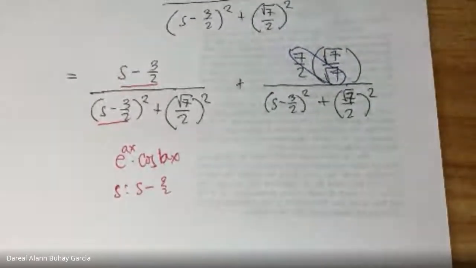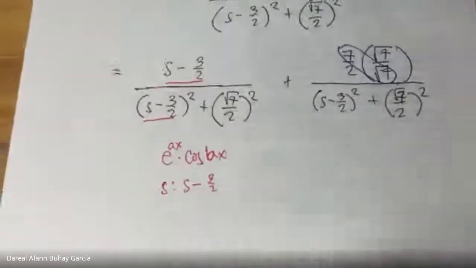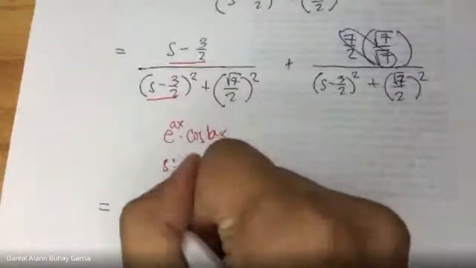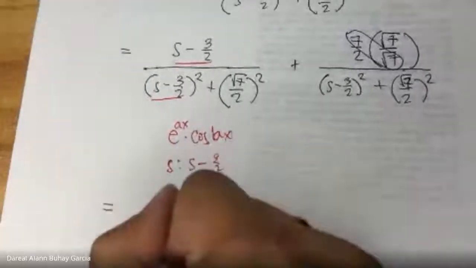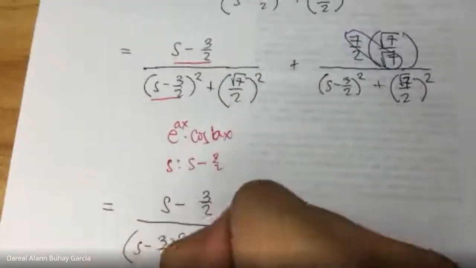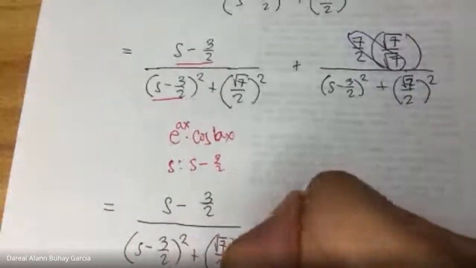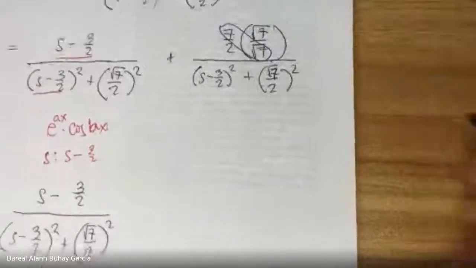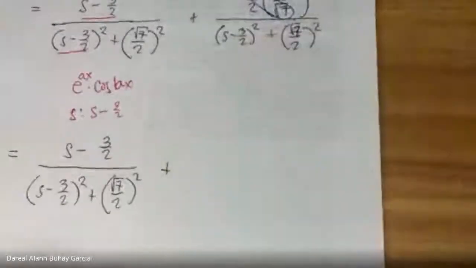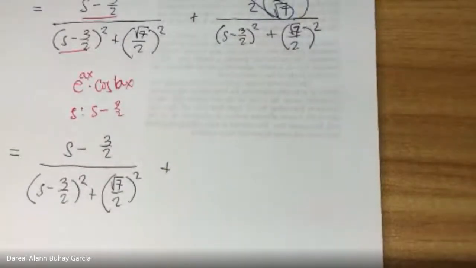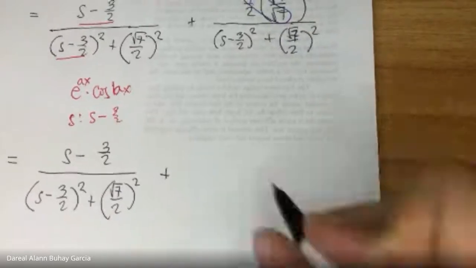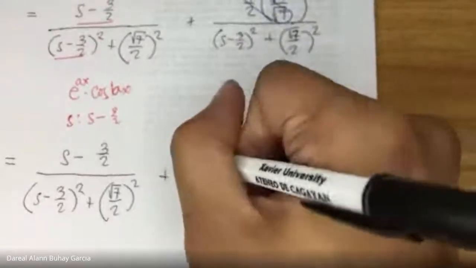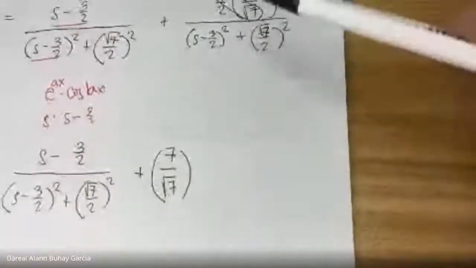Okay? Sige, i-simplify or rewrite. S minus 3 halves over S minus 3 halves squared plus square root of 7 over 2 squared. Tungod kay constant ni siya, plus 7 over square root of 7 muna yung constant, no?